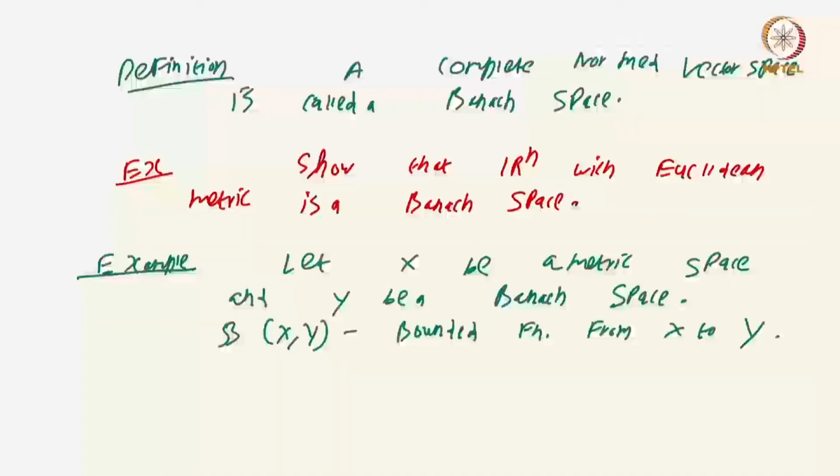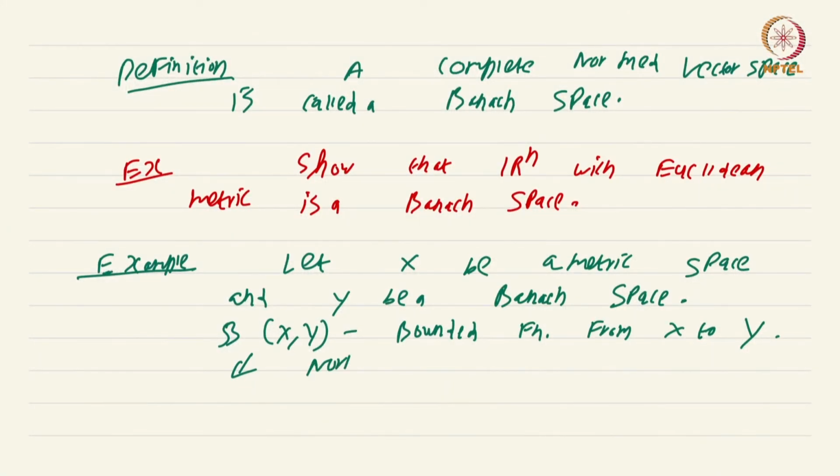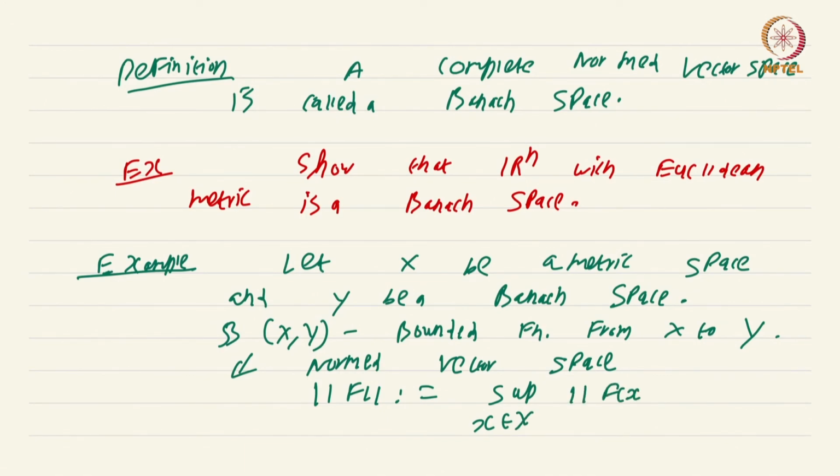Okay, so you can check that this is a normed vector space. First check that it's a vector space, and it's also a normed vector space with a sup norm. And the sup norm of a function f is nothing but the supremum over x in X of the norm of f(x).